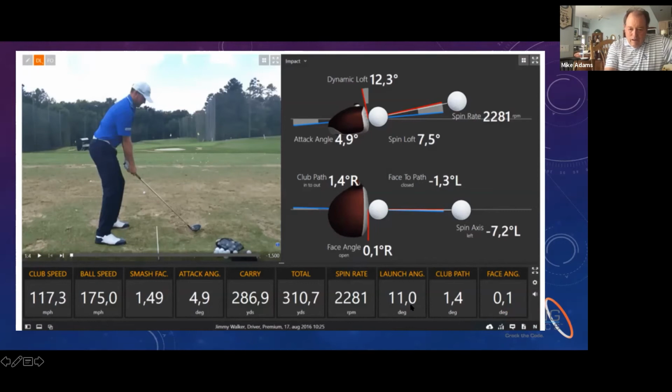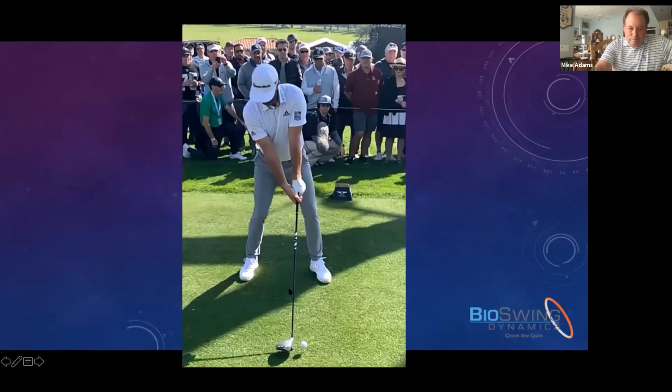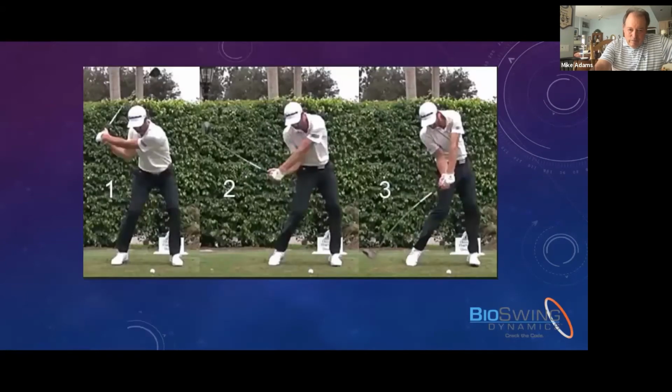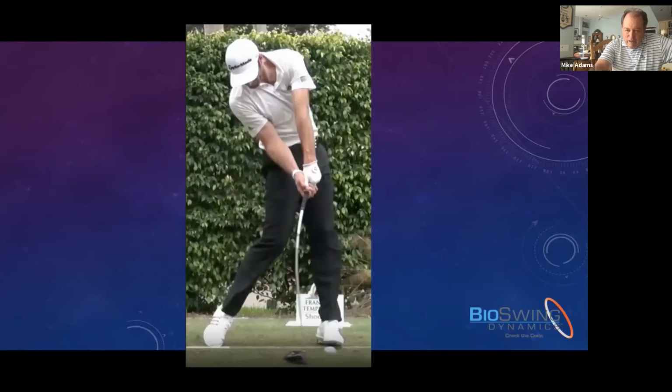Low spin, angle of attack up, and lots of club head speed. Dustin Johnson, side under. Look where his right elbow is. It's tucking in. Look where the right hand is. See where the right hand is at impact?